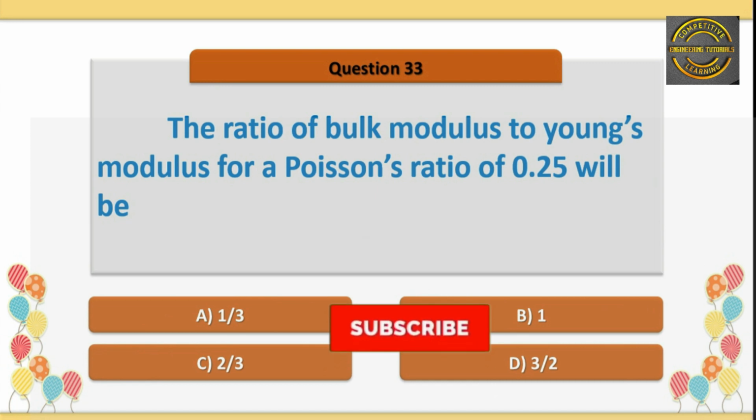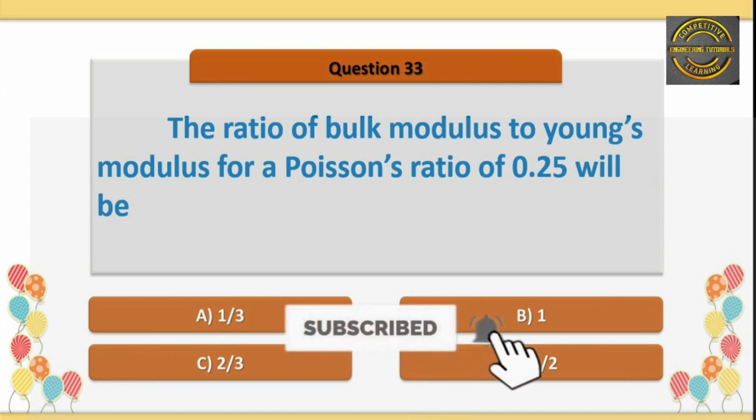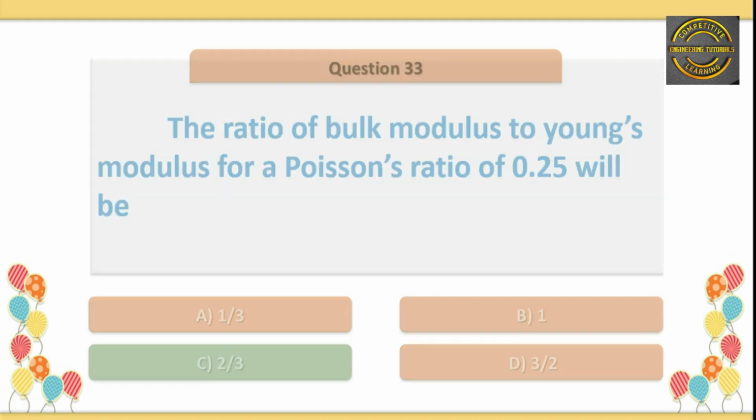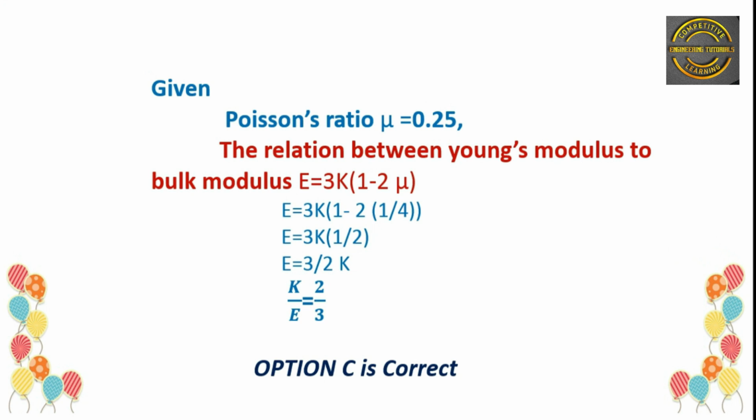Question number 33. The ratio of bulk modulus to Young's modulus for a Poisson's ratio of 0.25 will be option C is correct, 2 by 3. Here this one is the explanation. Given data, Poisson's ratio mu equal to 0.25, the relation between Young's modulus to bulk modulus E equal to 3k into 1 minus 2 mu.